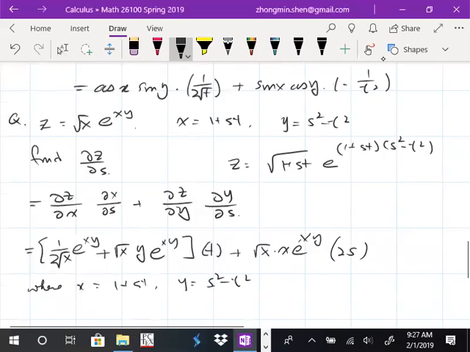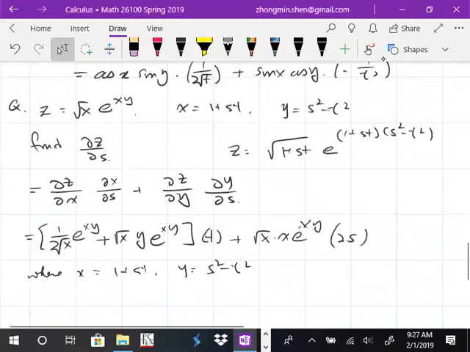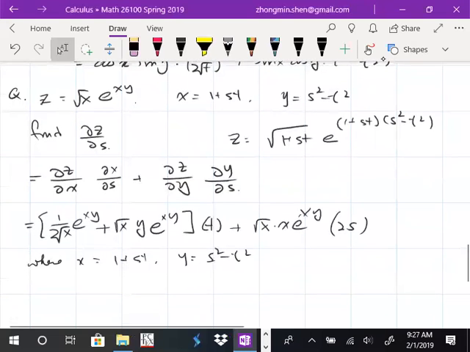Even when you write a program like Maple to do computation, you just define x to be 1 plus st. You don't need to put everything into the final expression. Then the expression looks better, simpler. So at the end you just say where x equals 1 plus st. Then this should be the answer. You cannot simplify it further.